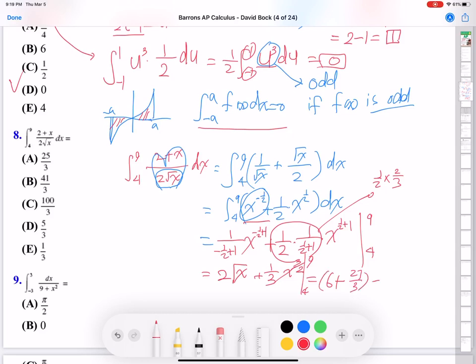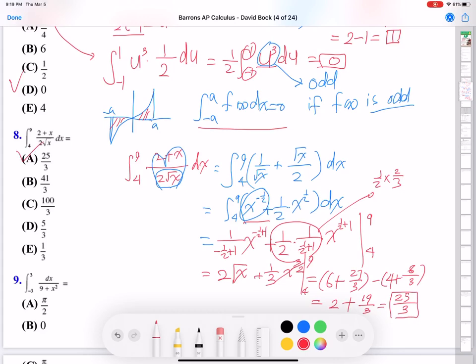Minus, plug in 4. 2 root 4, that's 4, plus 1/3 times 2 squared, so the 2 cancels out, 2 cubed is 8, so that part is 8 over 3. 6 minus 4 is 2, plus 27 minus 8 is 19 over 3. So 25 over 3 is the answer.